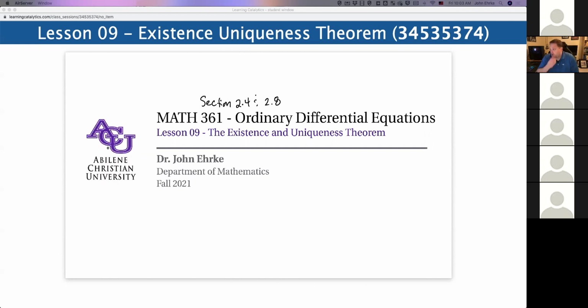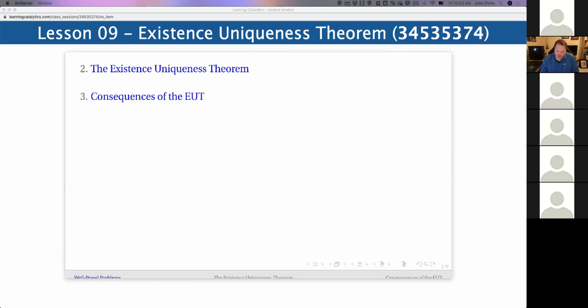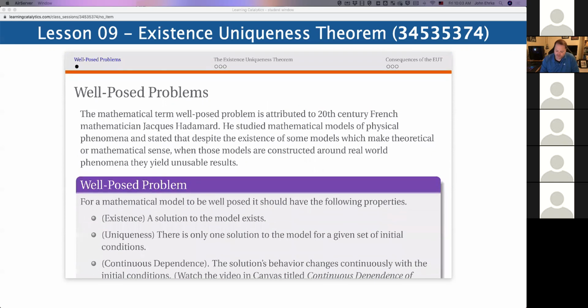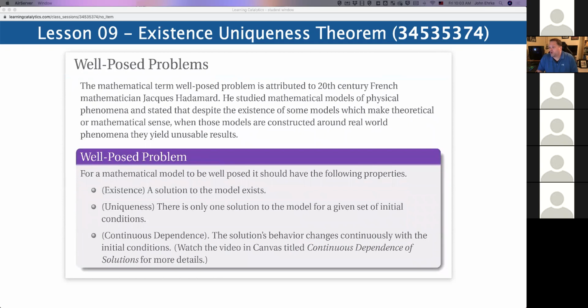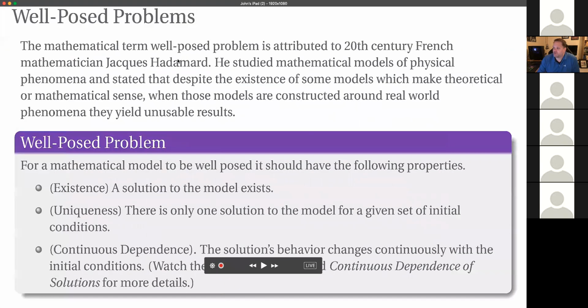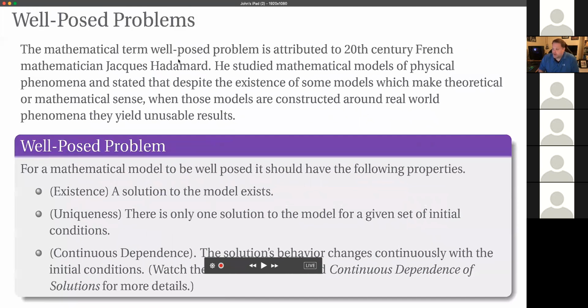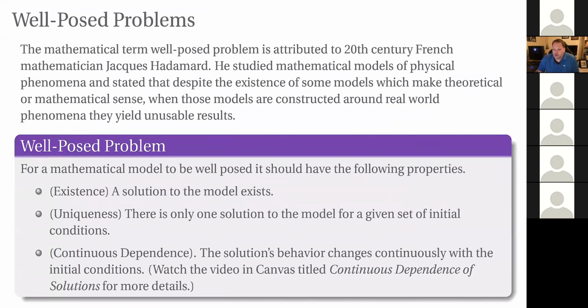All right, so let's talk about existence and uniqueness theorem. We'll start with the context of today's lecture, which is trying to get our heads wrapped around what kinds of problems can we and can't we solve in a differential equations course. So what is called a well-posed problem.